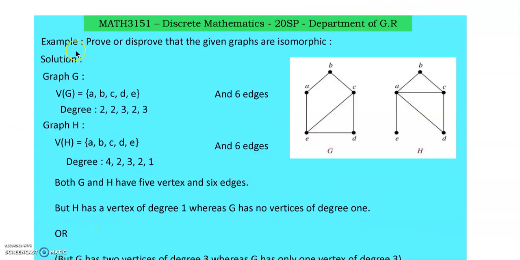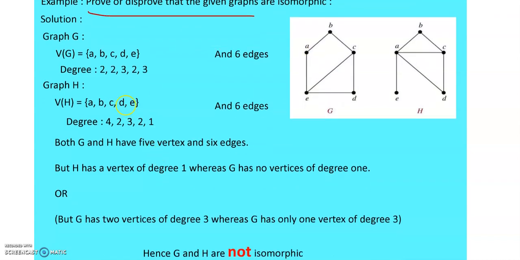That's it. Now see another example, prove or disprove given graphs are isomorphic. Now you see here, check number of vertices, 5, 5, same. Number of edges, same. But you see the degrees. You see here, no vertices having degree 1 in the first graph G. But here, this vertex E having the degree 1.